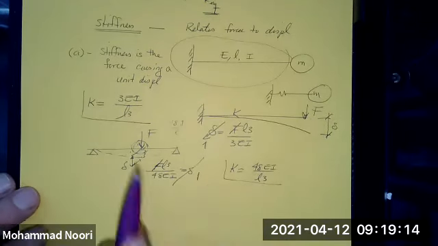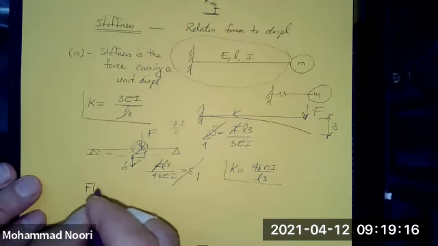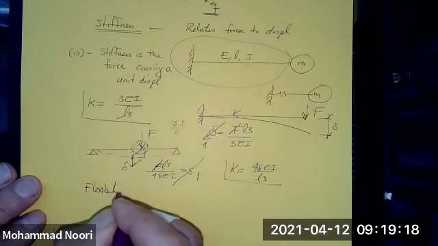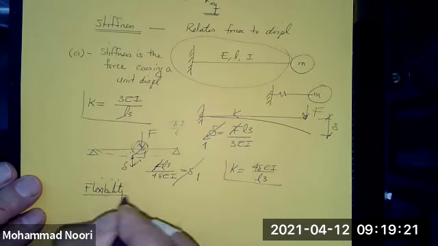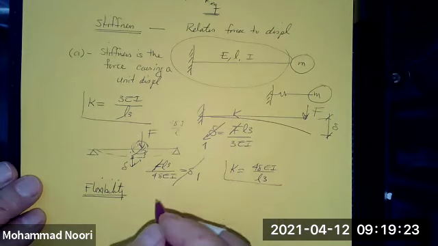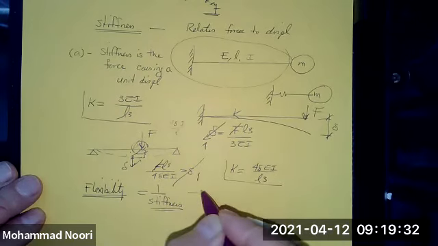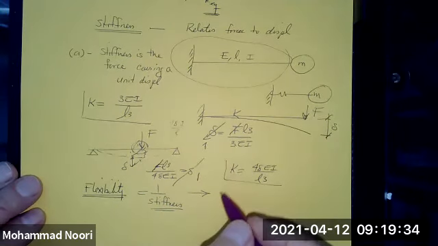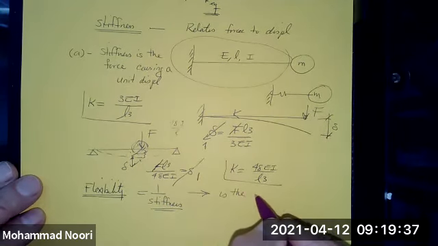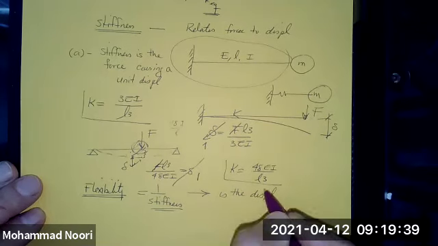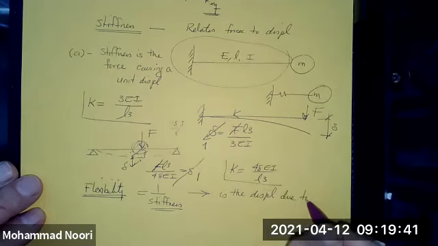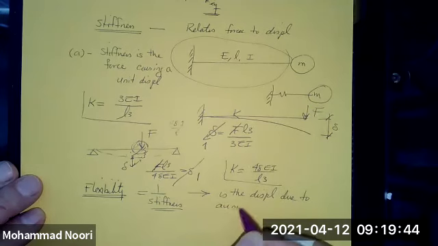Okay. But many times finding the stiffness is not as easy. So instead, we may use the concept of flexibility. What is flexibility? Flexibility is the inverse of stiffness. What does that mean? That is, flexibility is the displacement due to a unit force.